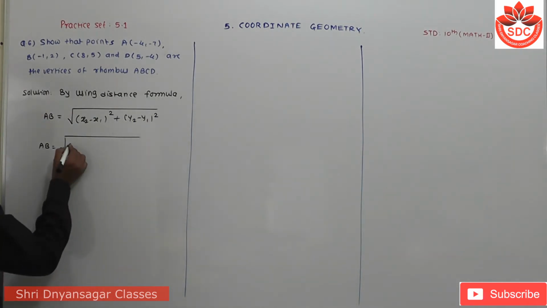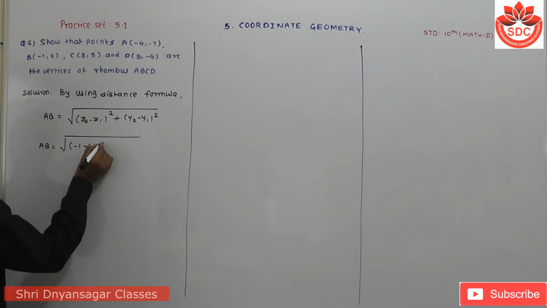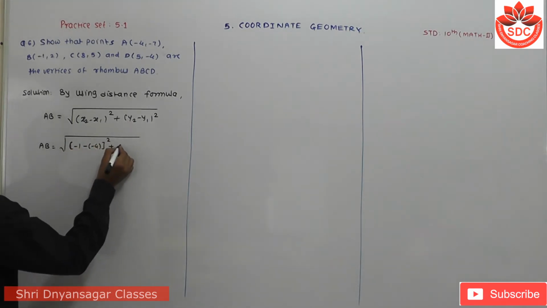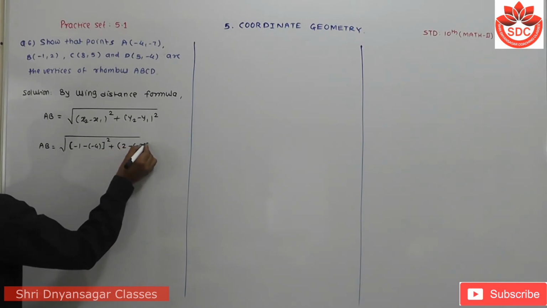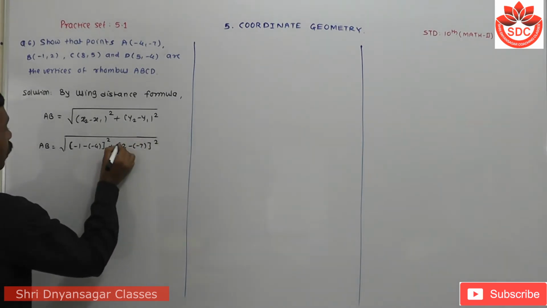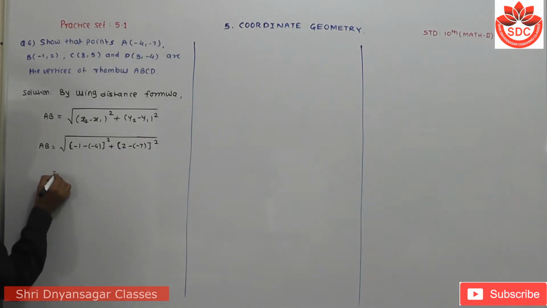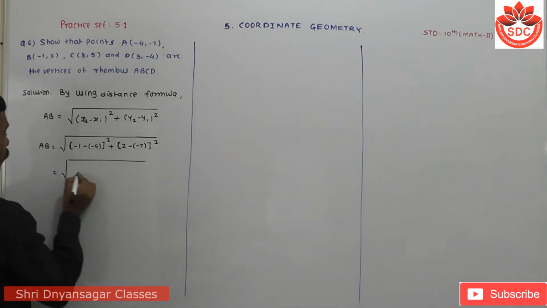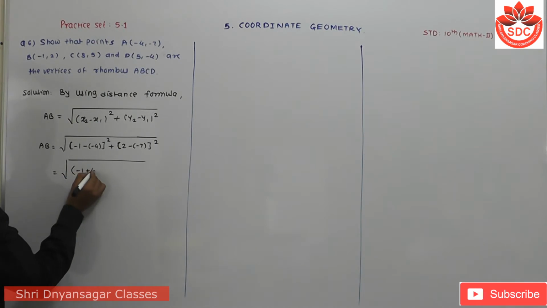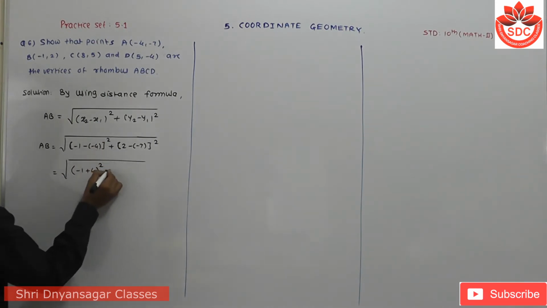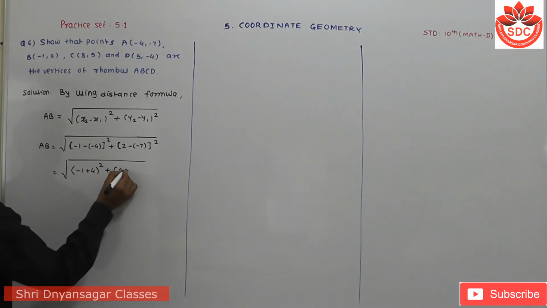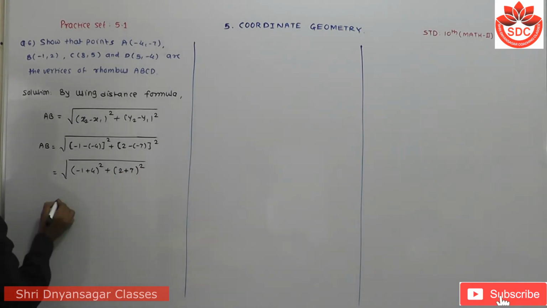Then I have to write here (-1 minus -4) whole square plus (2 minus -7) whole square. Then this value becomes (-1 plus 4) whole square plus (2 plus 7) whole square.